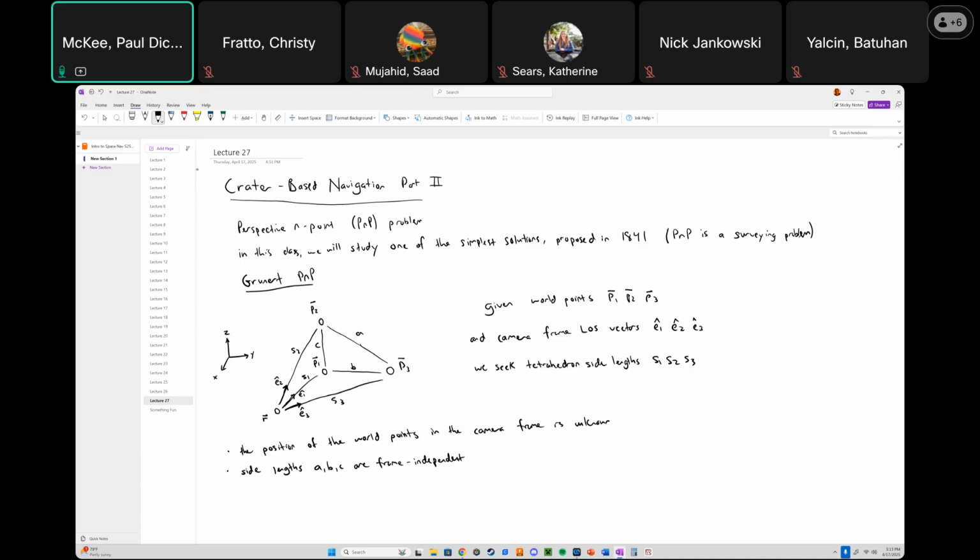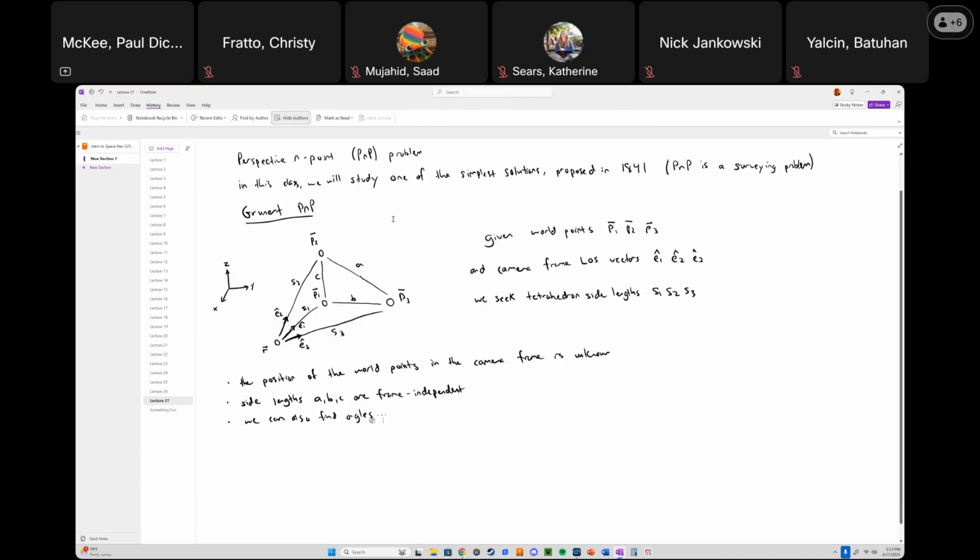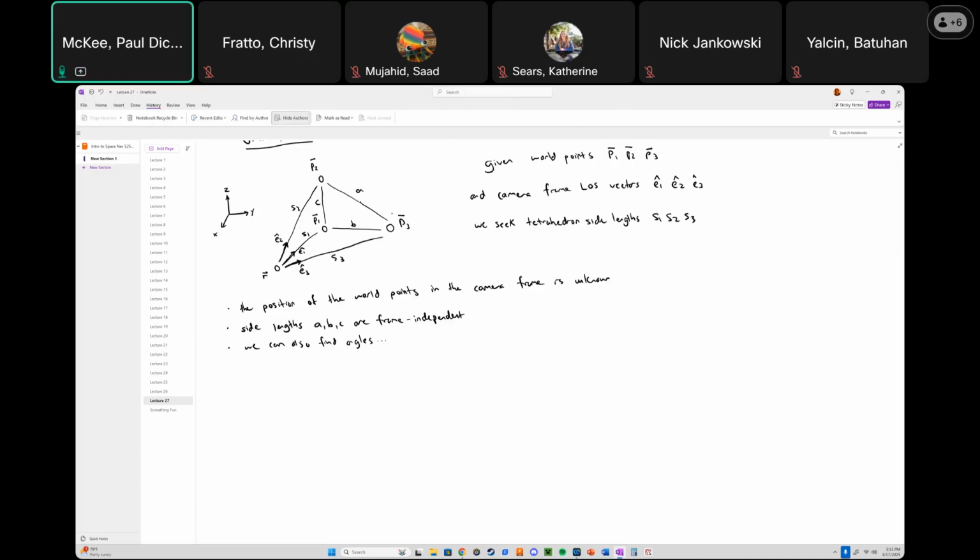Okay, and we can also get angles between line of sight directions. So let's start with this. Clearly, A is going to be the norm of P2 minus P3, right?